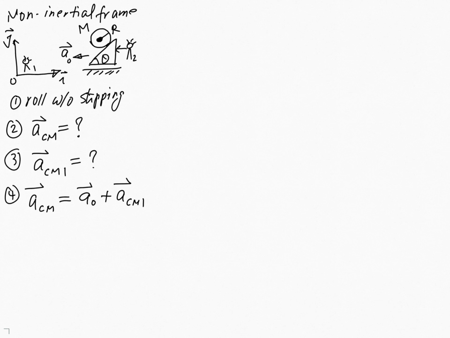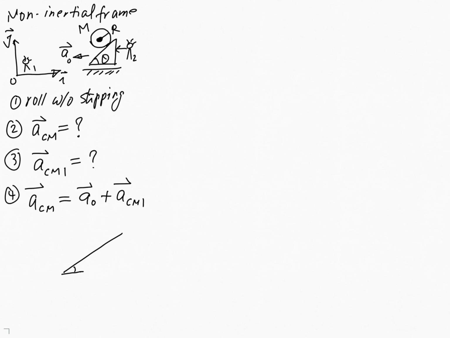In order to do that, first let's draw a free body diagram as observed by the second observer inside the non-inertial frame, which is moving with a0. So let's do that. We have the slant surface of that box, right?